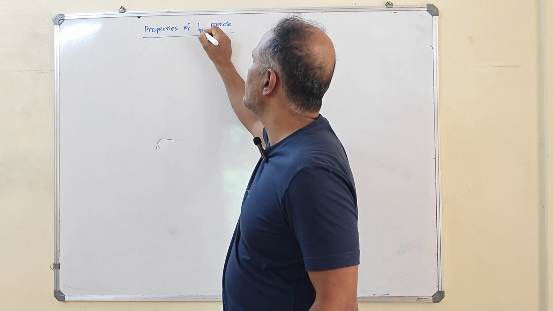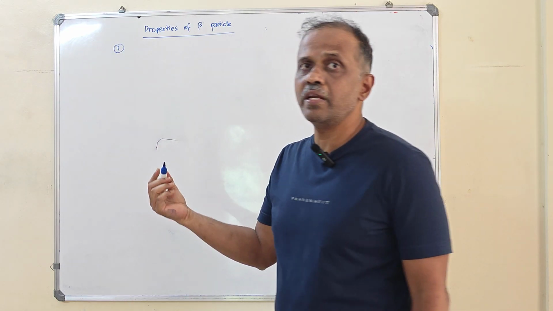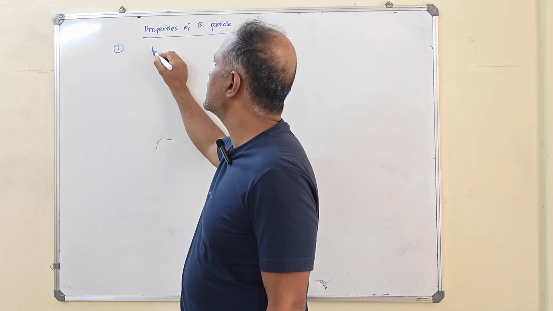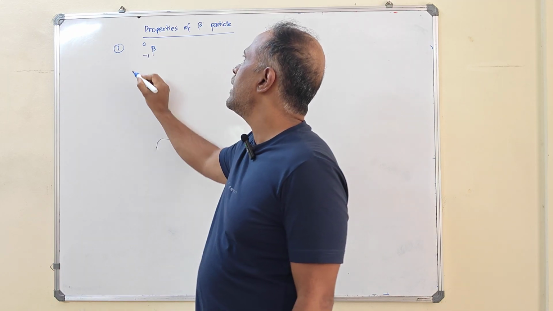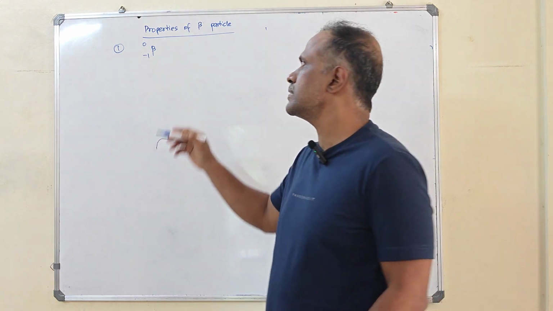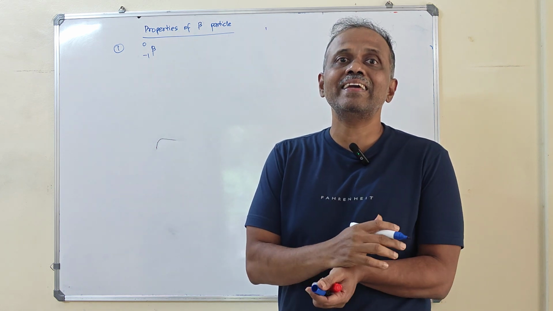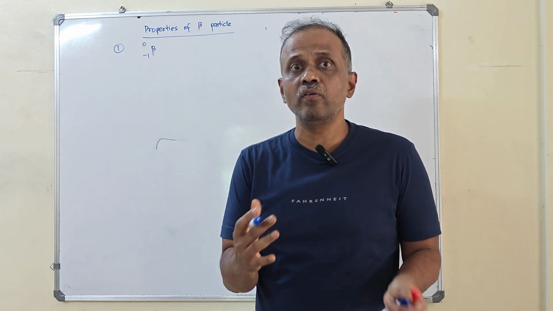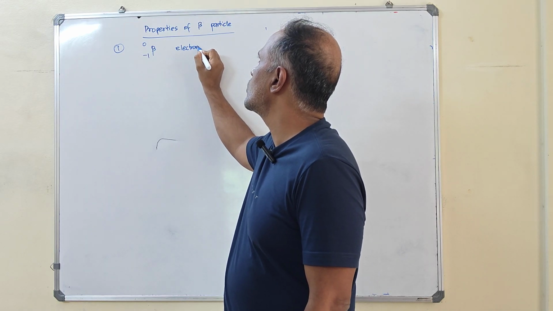Properties of beta particle. Beta particle is written as beta with charge of -1 and a mass of 0. That means beta particle is nothing but an electron, an electron emitted from the nucleus.